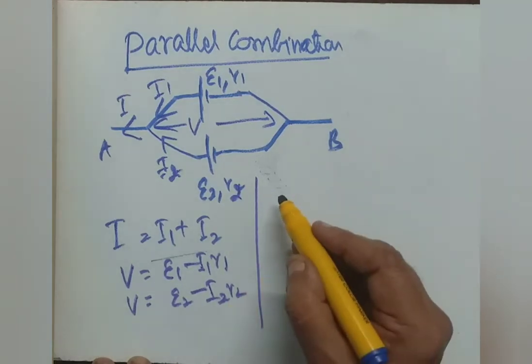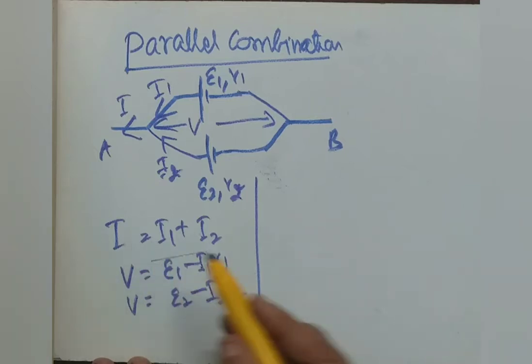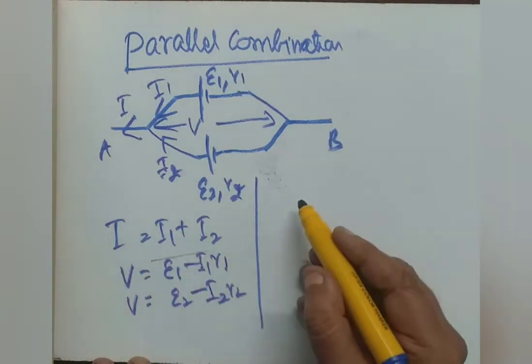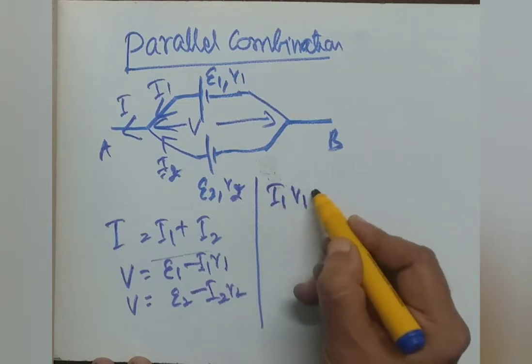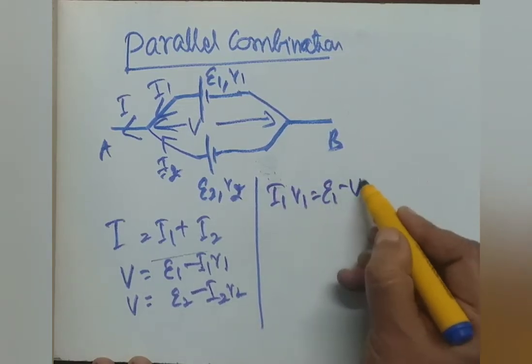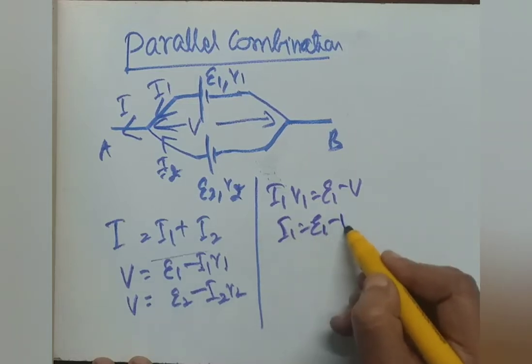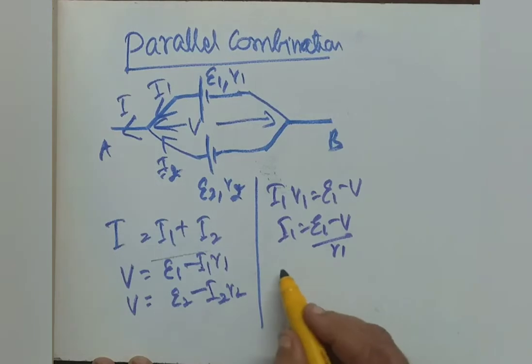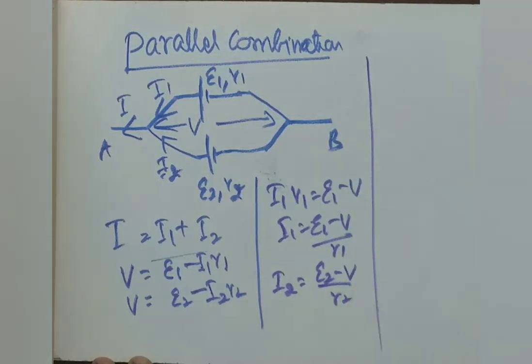As they are equal, from this we can get the expressions for I1 and I2, and substitute them in I equals I1 plus I2. So I1 R1 equals E1 minus V, or I1 is E1 minus V by R1. In the same manner, I2 can be written as E2 minus V by R2.